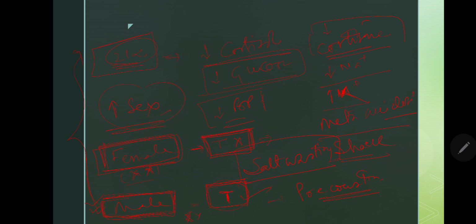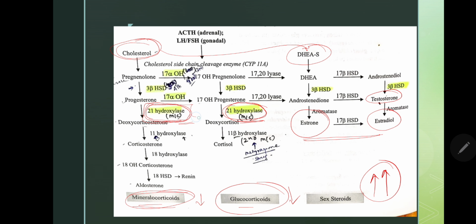Now, this 21 alpha hydroxylase enzyme deficiency is typically of three types. First is the classical type, in which, as I said, there is a complete absence of this enzyme. But in the non-classic type, there is a small amount of production of 21 alpha hydroxylase.